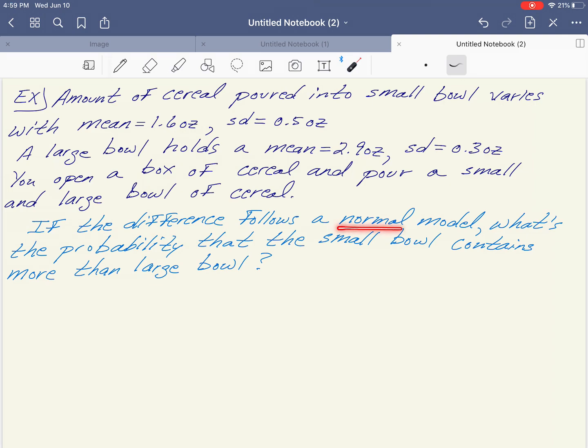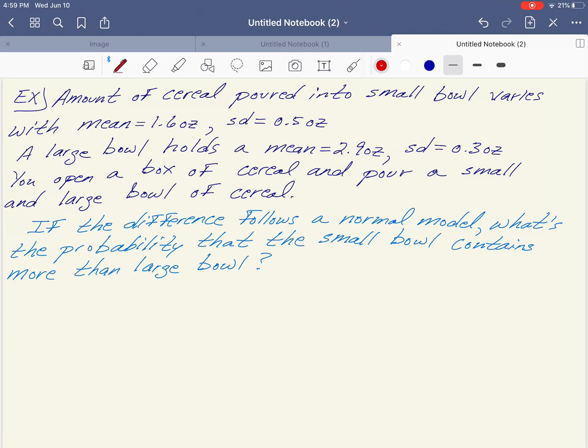If the difference follows a normal model, so to qualify, remember that means we have independence between these two bowls of cereal. How much cereal is being poured in one bowl is not affecting the amount of cereal going into the other bowl. What's the probability that the small bowl contains more than the large bowl?